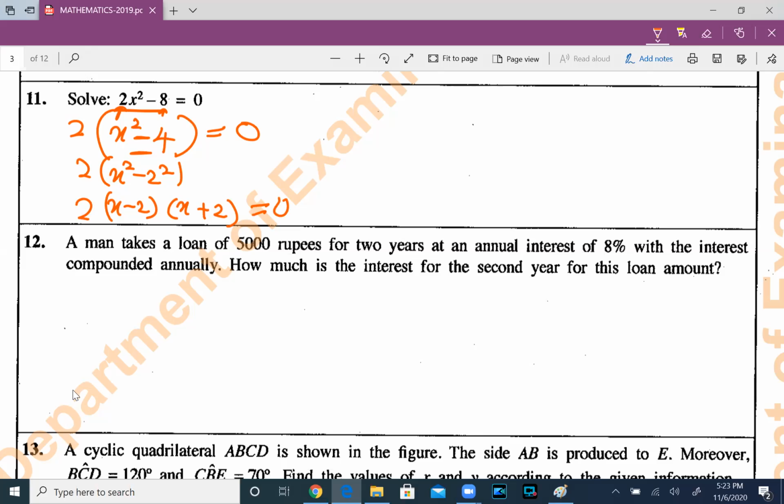So x minus 2 will be 0, or x plus 2 will be 0. If x minus 2 is 0, the minus 2 goes to the other side, so x is equal to 2, or x is equal to minus 2.